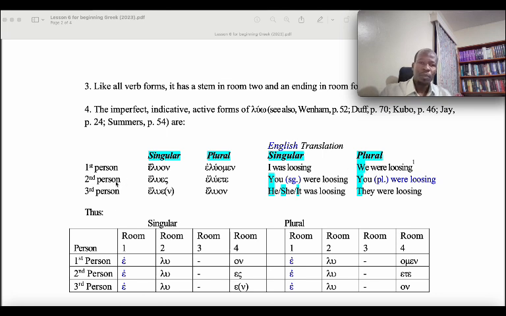And the second person singular, elueis and eluete, eluen, eluon. Observe this: the ending for the first person singular and the third person plural are similar, on and on. So how would you know whether it is first person singular or third person plural?